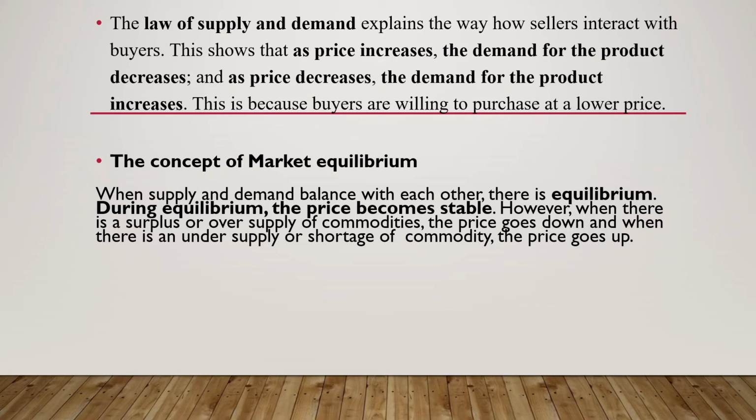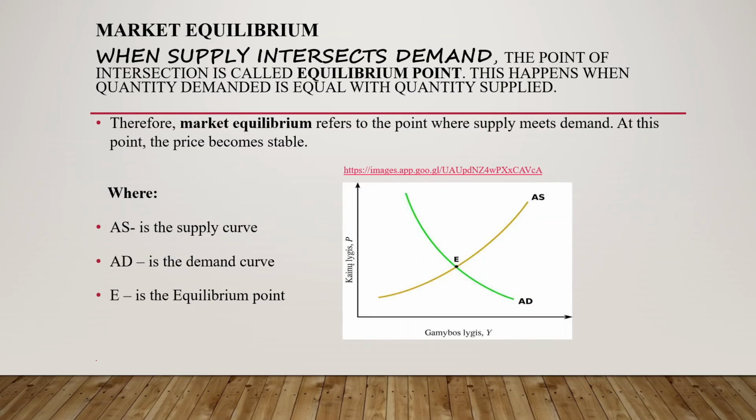Now let's talk about the concept of market equilibrium. When supply and demand balance with each other, there is equilibrium. During equilibrium, the price becomes stable. However, when there is a surplus or oversupply of commodities, the price goes down. And when there is an undersupply or shortage of commodity, the price goes up.